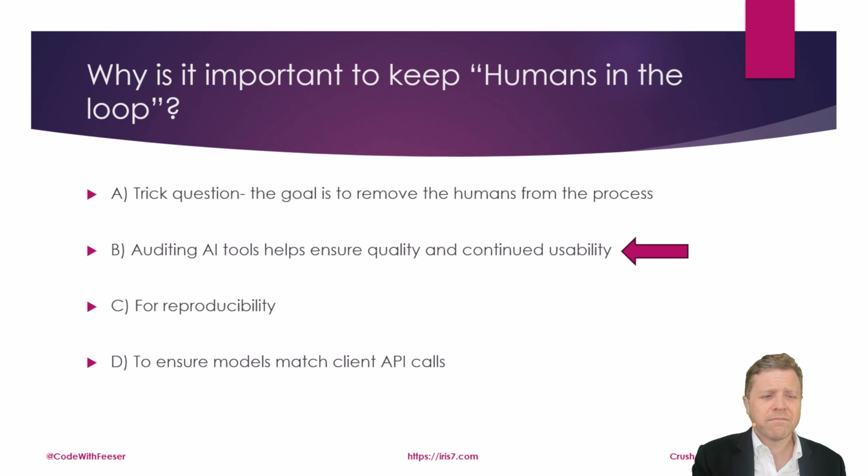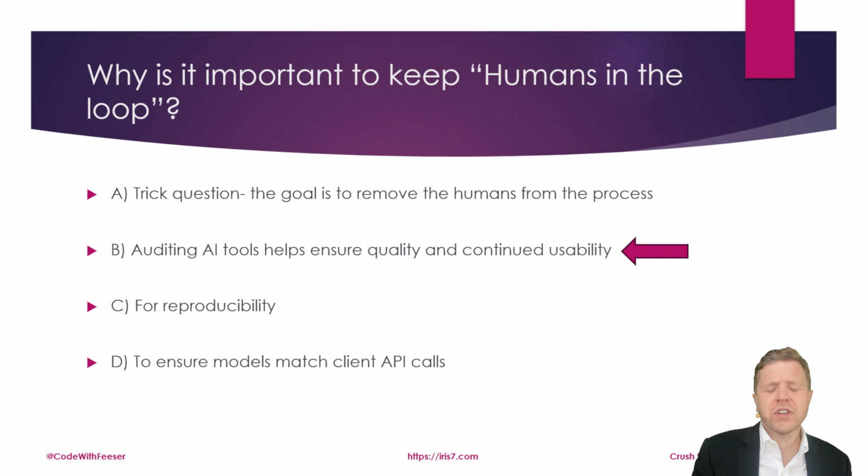Reproducibility, no. That's just a red herring. I'm not sure how that would even apply. To ensure models match client API calls, that's not terrible, honestly. You could argue that the reason the AI exists is to match a use case.